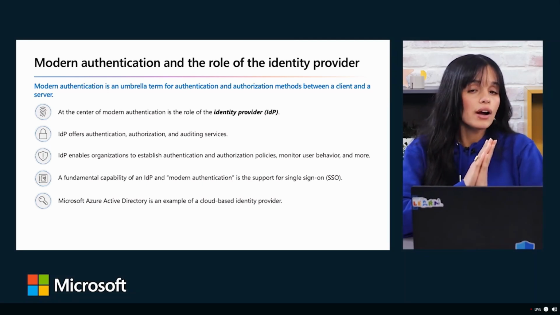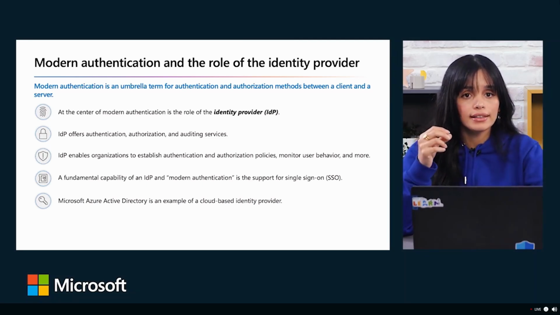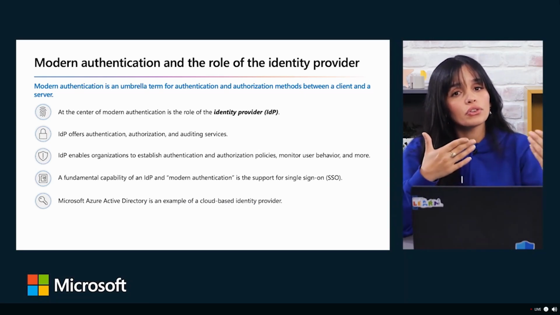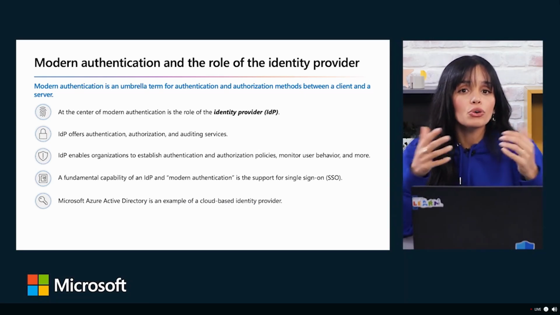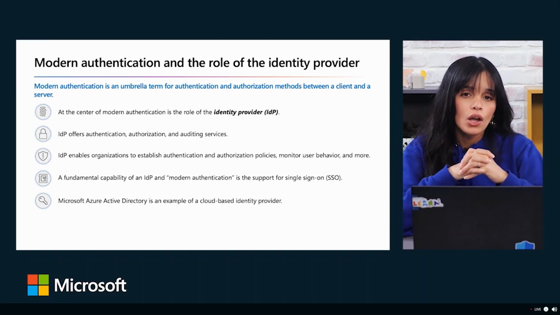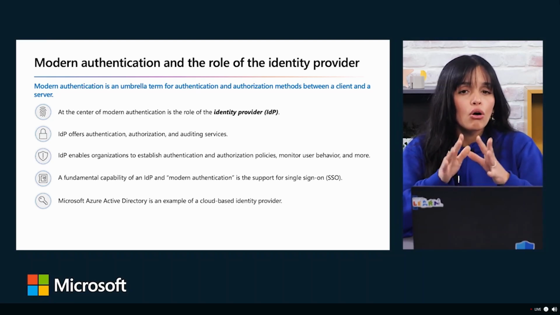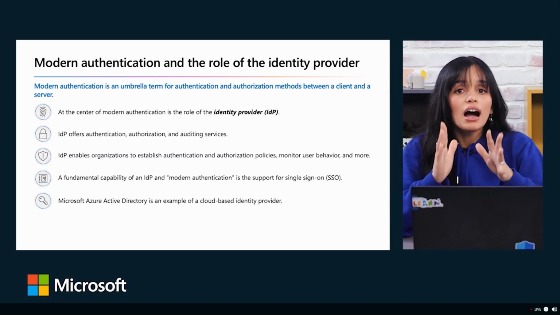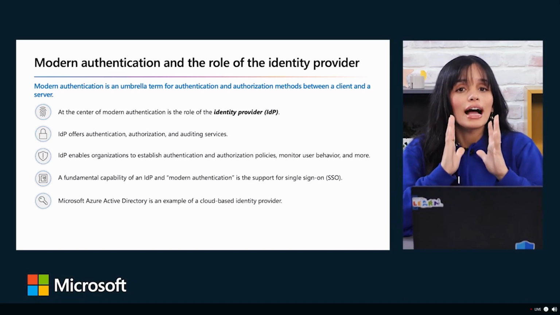An identity provider creates, maintains, and manages identity information while offering authentication, authorization, and auditing services. With modern authentication, all services, including all authentication services, are supplied by a central identity provider.